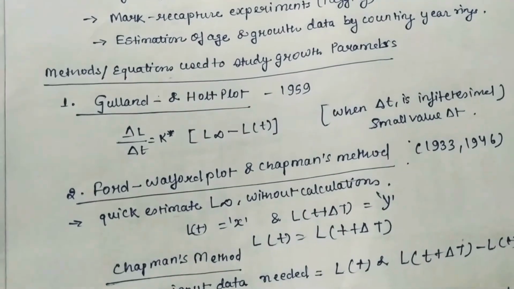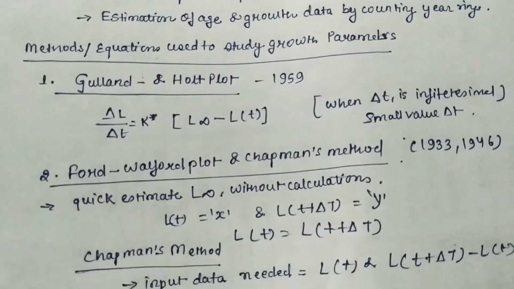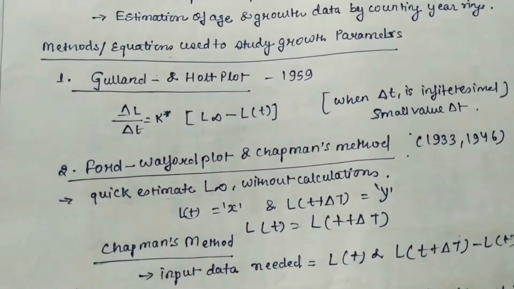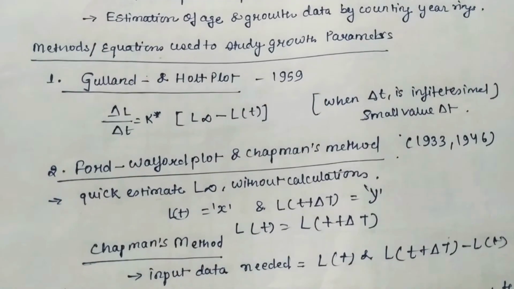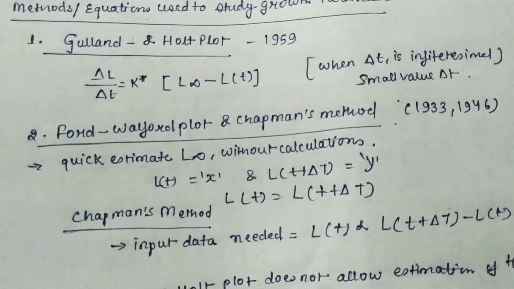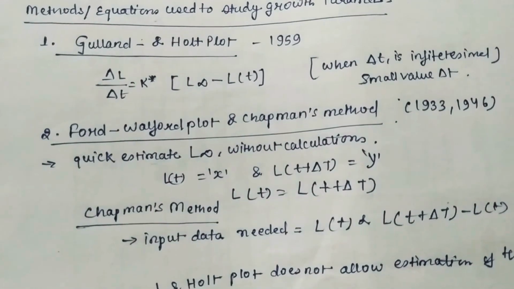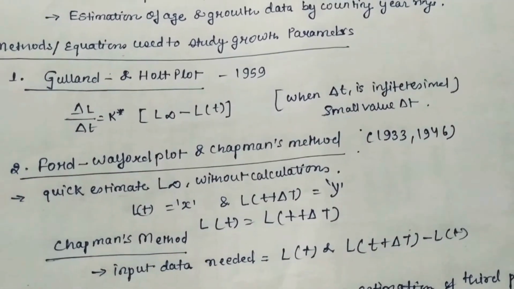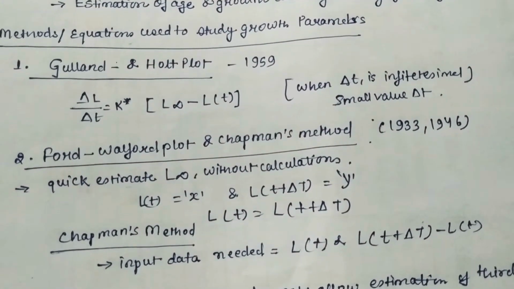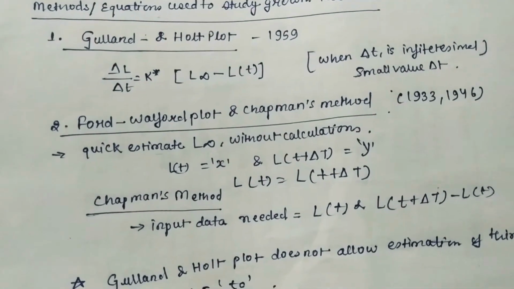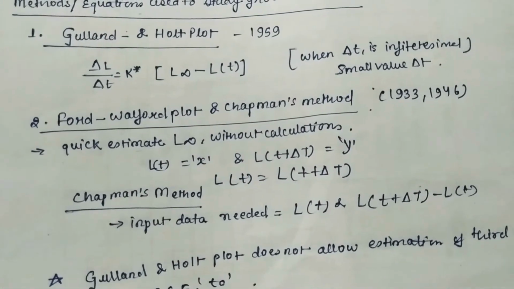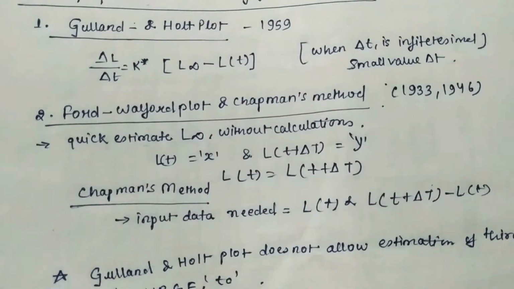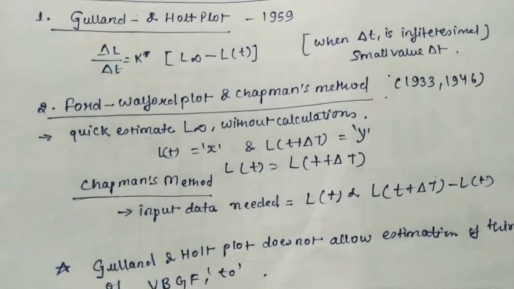Here we just have to remember the equations, what the differences in those equations are, and what is in the von Bertalanffy equation. In the Gulland and Holt plot, given in 1955, delta L over delta T is equal to K times (L infinity minus LT), where delta T is infinitesimally small. In the Ford Walford plot and Chapman's method, first it is Ford's equation, which was given in 1933, and then Chapman's equation was given in 1946.